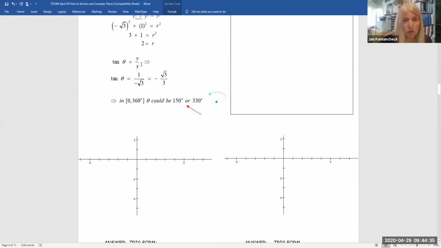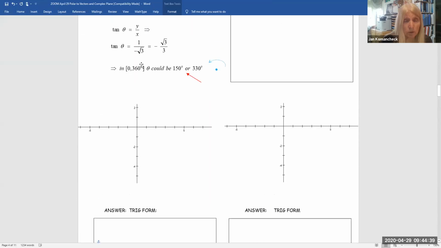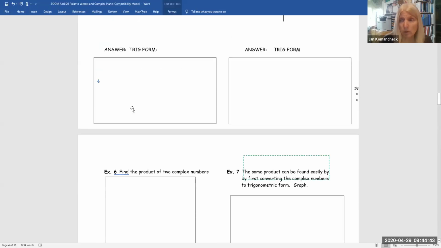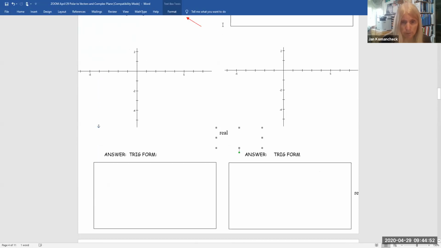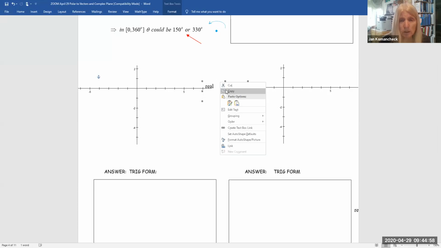You see the word real anywhere? Okay, I'm going to try that again. I don't want you there, I want you over here. So again, this is the real. And what else do I need?